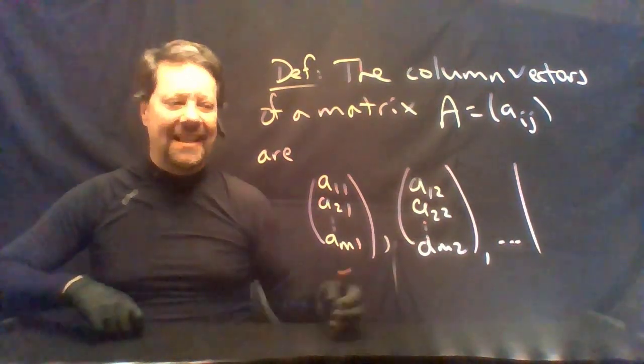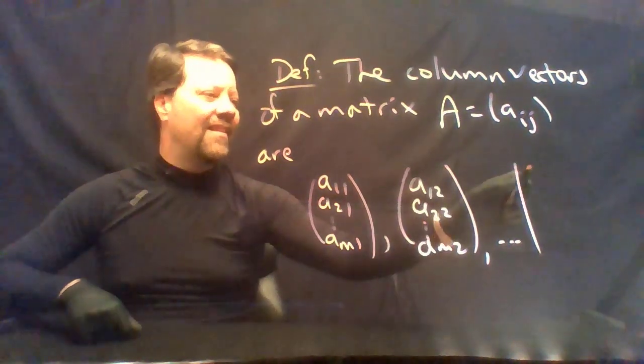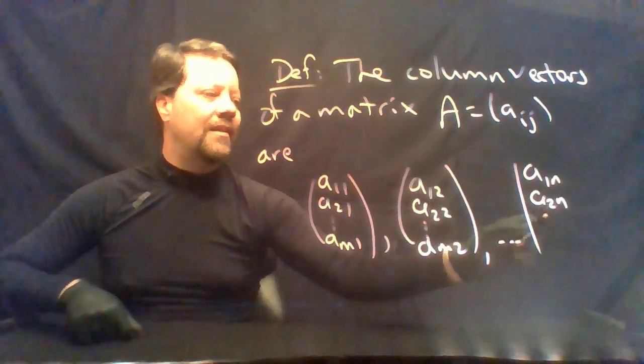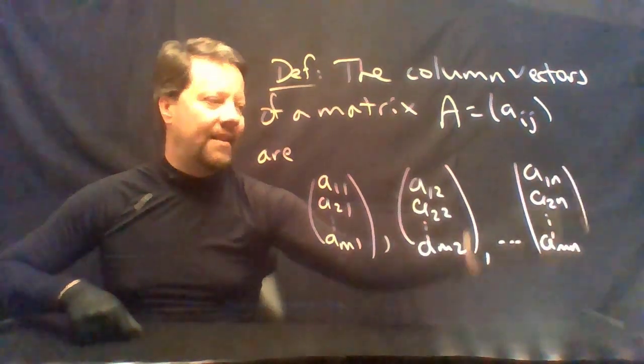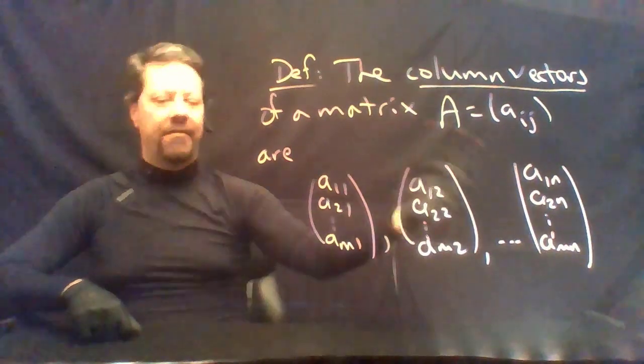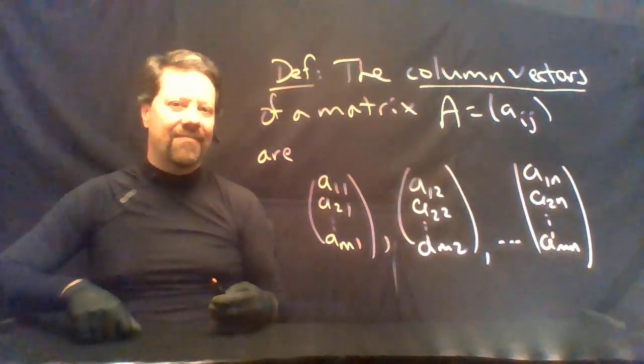As you can see, we're just taking columns of the matrix. These are the column vectors of the matrix.